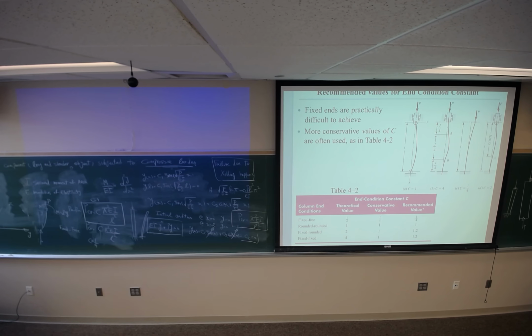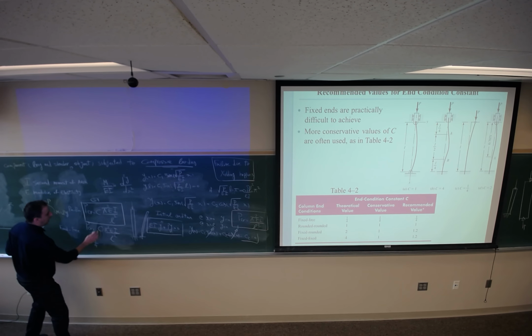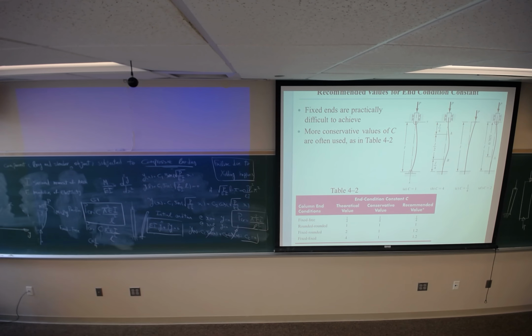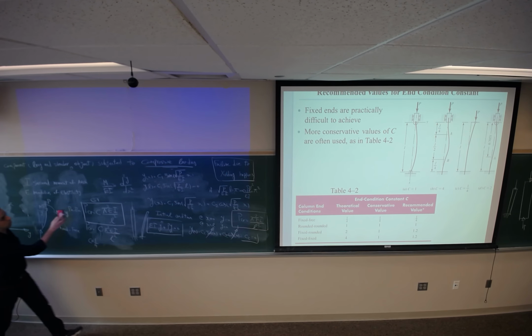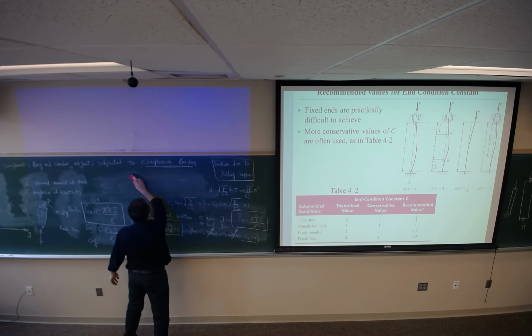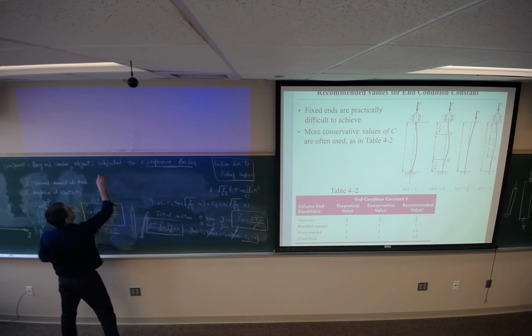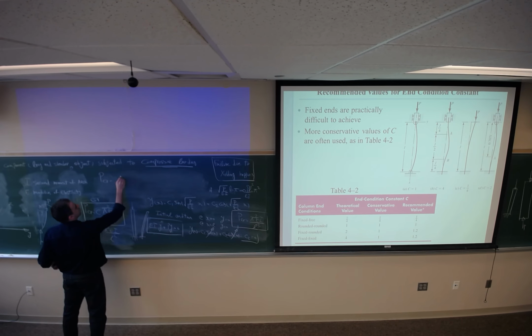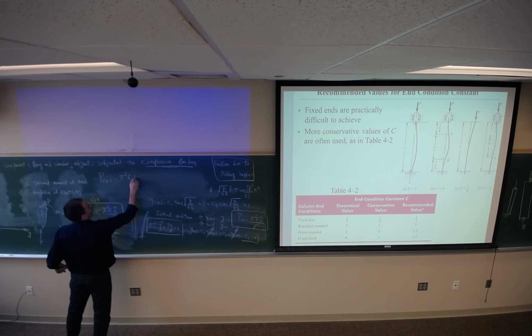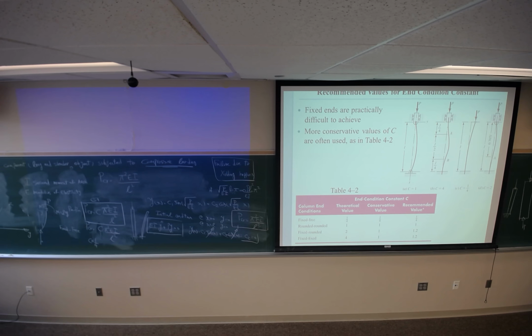All right. So we call this formula the Euler formula. P critical equals pi squared EI over L squared. Let me use the C as well.